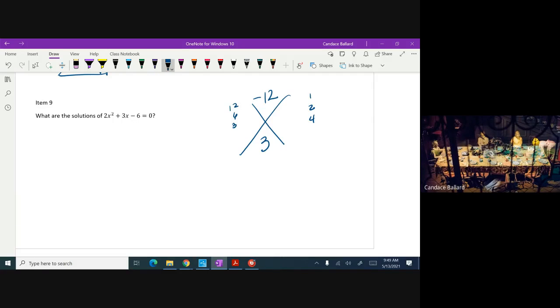So if I can't use the magic X, what do I try next? Oh, we brought this up the other day, didn't we? We are going to do the quadratic formula.